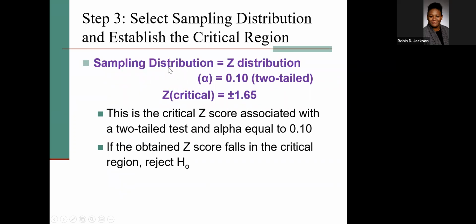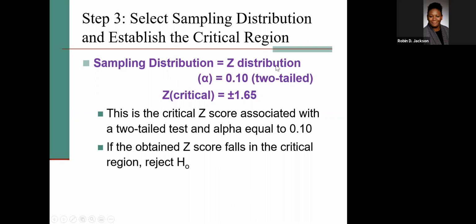All right, so step 3. I know I'm moving through these a little bit quickly, but because the steps are essentially the same, it's just some of the information that changes a little bit. That's why I'm not going into as much detail with these. So this is actually how it would look when you write it up. The sampling distribution equals Z distribution. So you write that out.